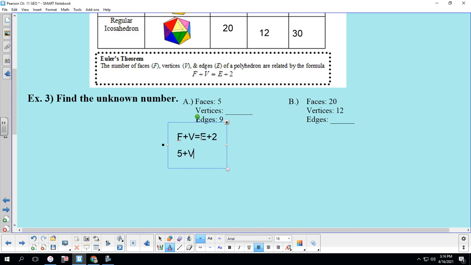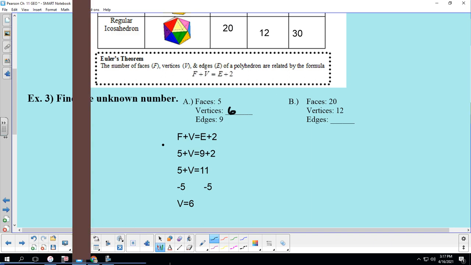We don't know the vertices, and it's got 9 edges. So we just make a little equation. So we got 5 plus V equals 11. We're going to subtract 5 from both sides. And we get V equals 6. So it has 6 vertices.